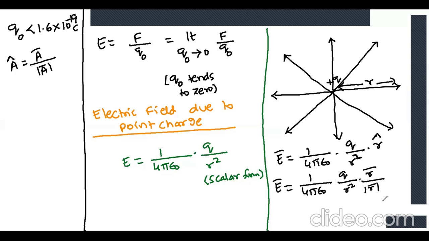So it is 1 by 4 pi epsilon Q by R cube times R bar. Is it fine? That is in vector form. This is in scalar form.